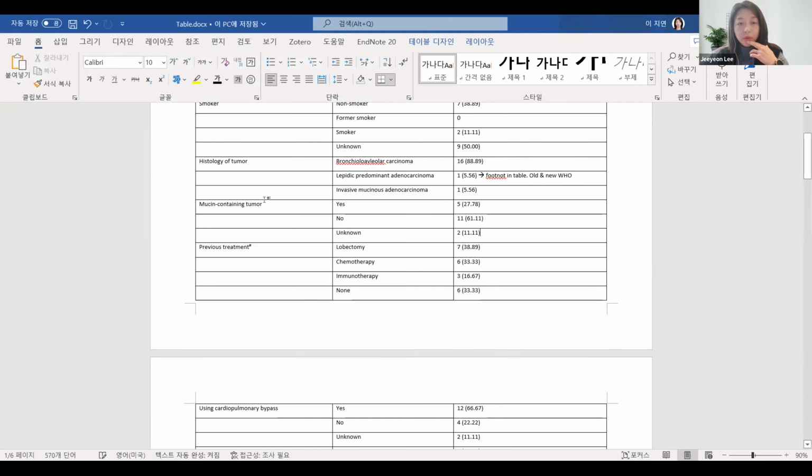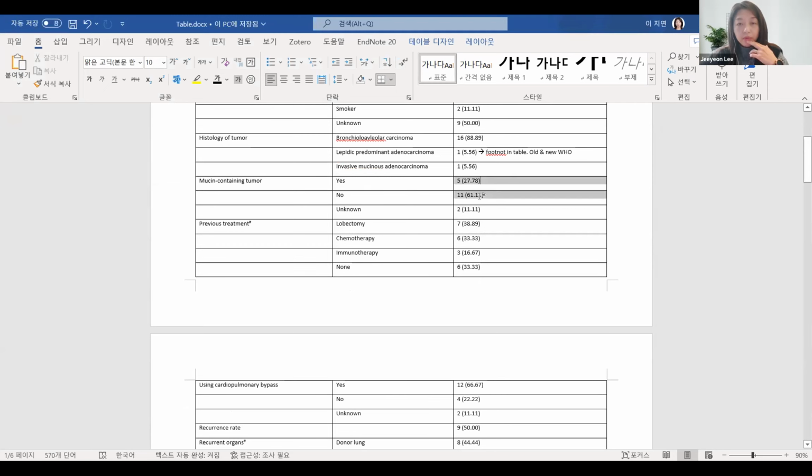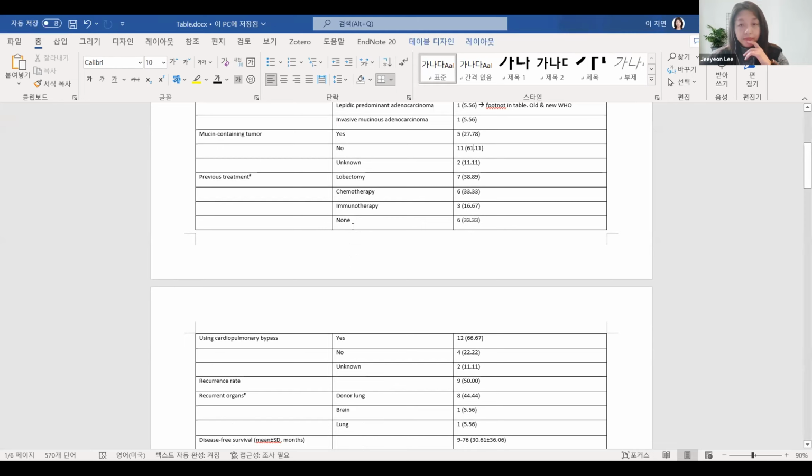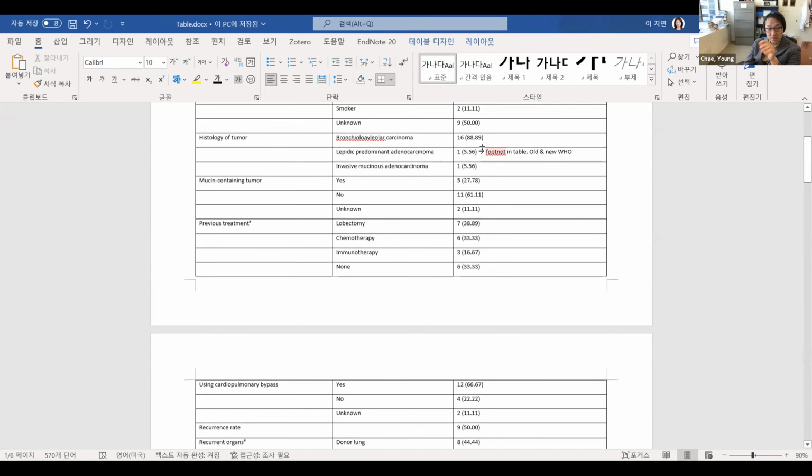And for 16 cases, I could get the mutation data, whether it is present or not. Okay, good. And for after the decimal, just one digit. So 6.11, 61.1. Let's make sure. Yeah, like this.